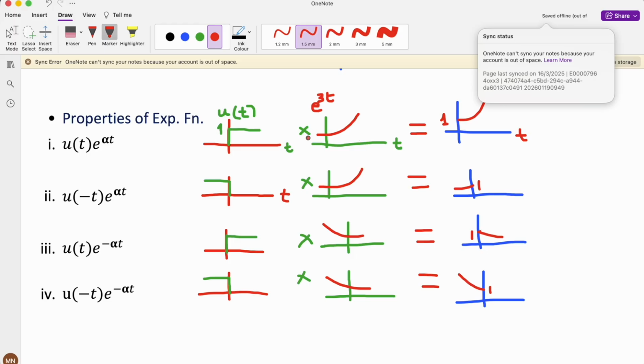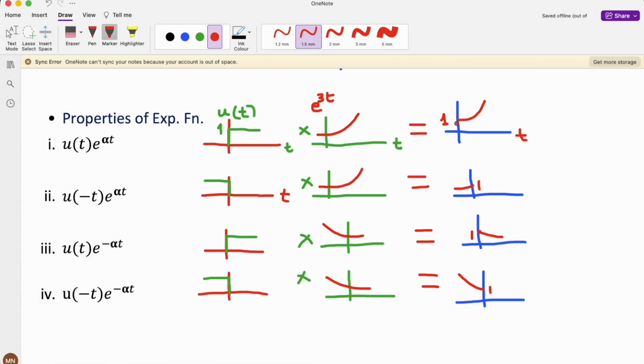If you multiply both of them, the unit step signal on the left is always 0, and 0 multiplied by anything is 0. So you will end up with this curve, e raised to the power alpha t multiplied by the unit step signal. The curve looks like this, starting from 1.